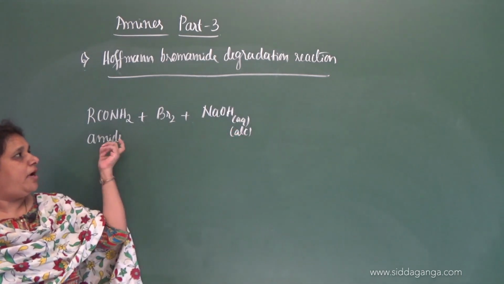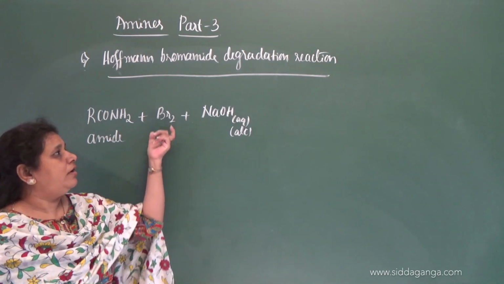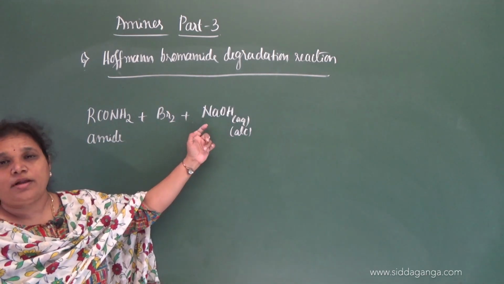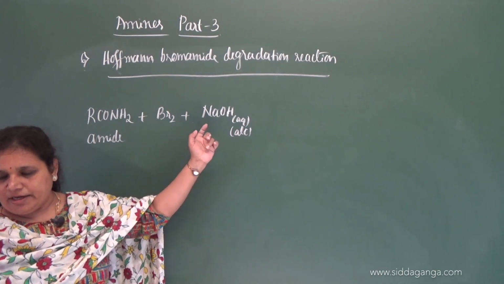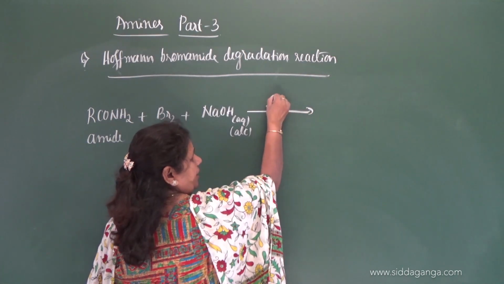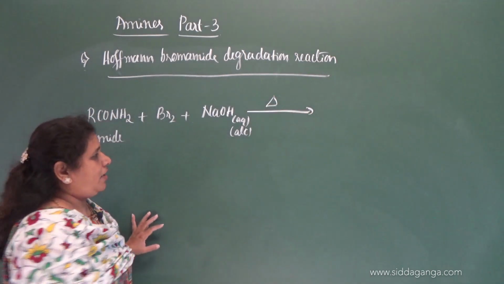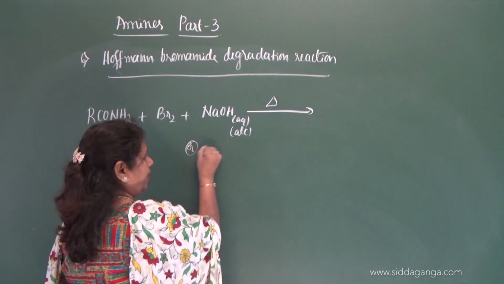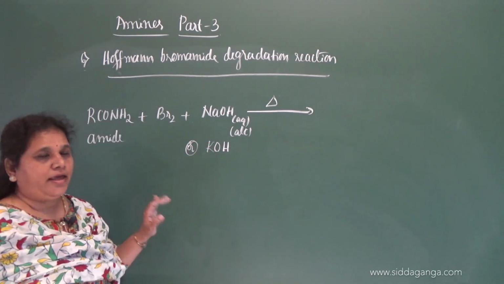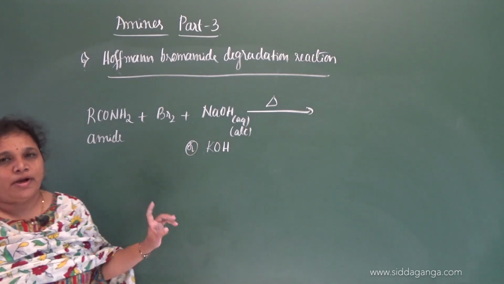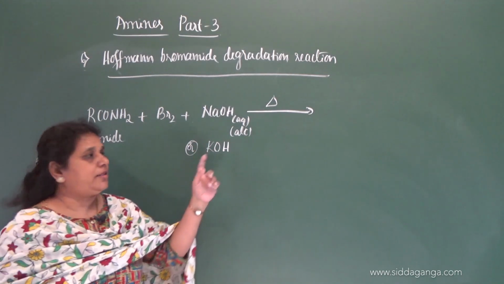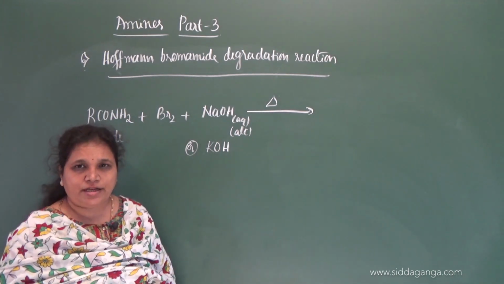So the amide is treated with bromine and aqueous or ethanolic NaOH, and this mixture is heated. Instead of NaOH, you can even take KOH also. So the amide is heated with bromine and ethanolic or aqueous NaOH.